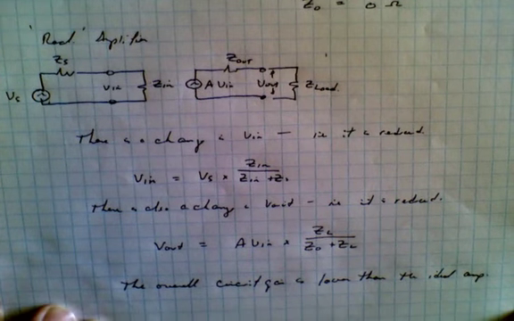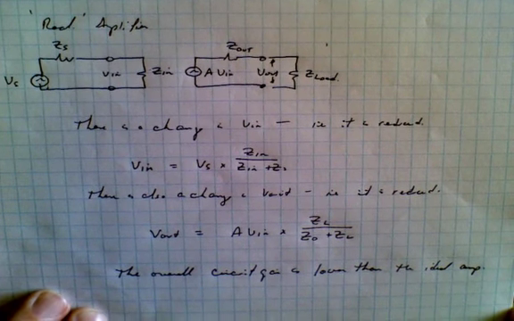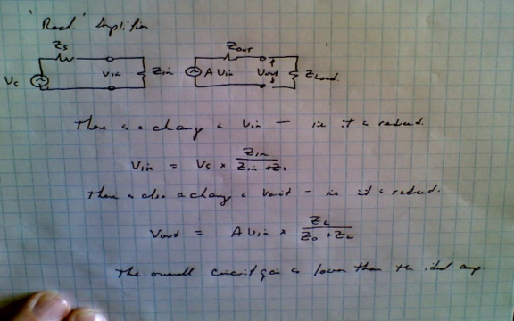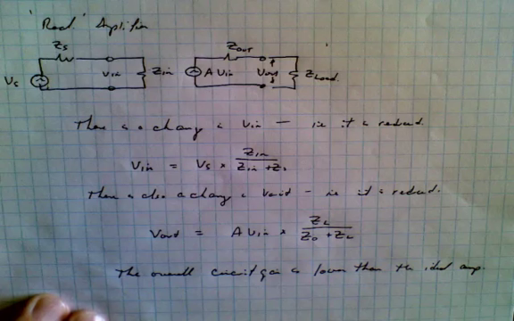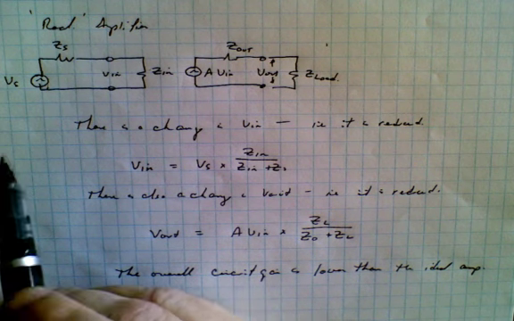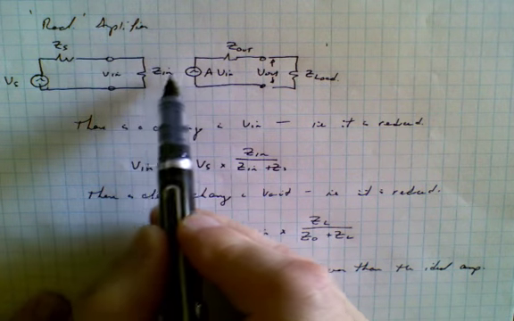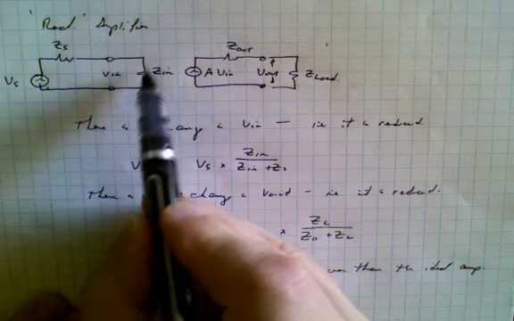The overall circuit gain is lower. So what does that mean for us? It means that in transistor circuit analysis, in order to be able to accurately determine what the AC signal gain is, we're going to have to include in our analysis the internal impedance of the transistor.